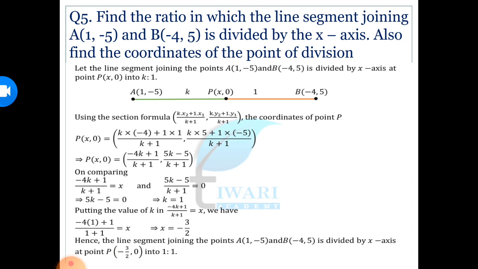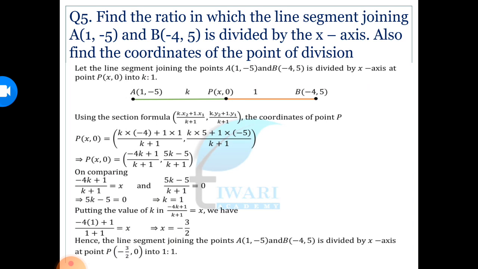So we take P x, 0 to be any point on the line segment on the x-axis such that it divides the given points A 1, -5 and B -4, 5 in the ratio k:1. Now apply the section formula for finding the coordinates of P and equate it with x, 0.